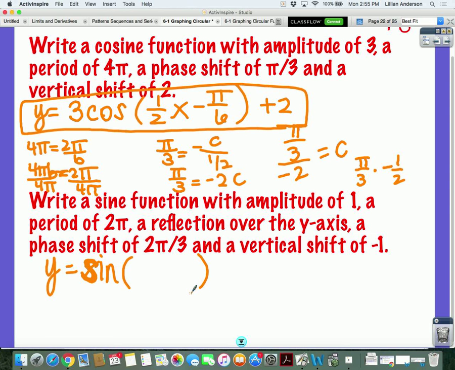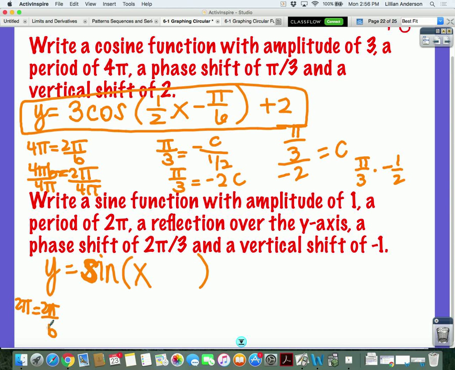It's x, because the period's 2 pi. If the period is 2 pi, and it has to equal 2 pi over b, well, the only number that could possibly be that is 1. So you put a 1x, put x.